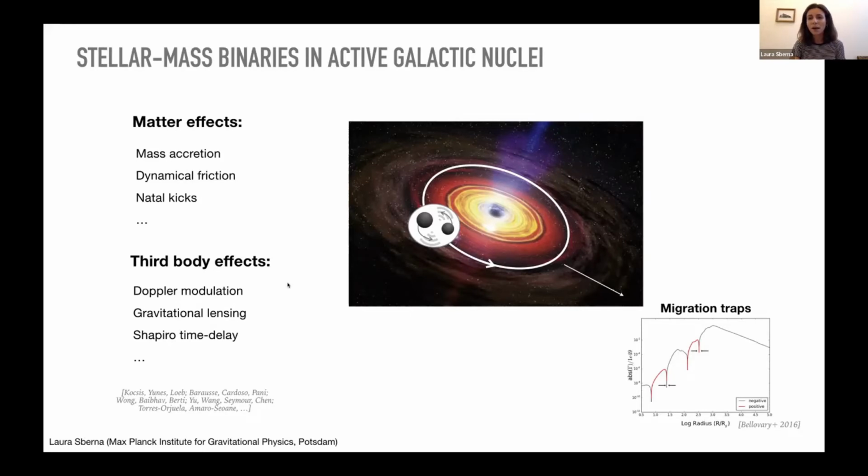And these two are somewhat related to each other because one of the ways of having a binary migrate so close to a supermassive black hole is by having migration torques and migration traps that then keep the binary at that special location where these third body effects are important.